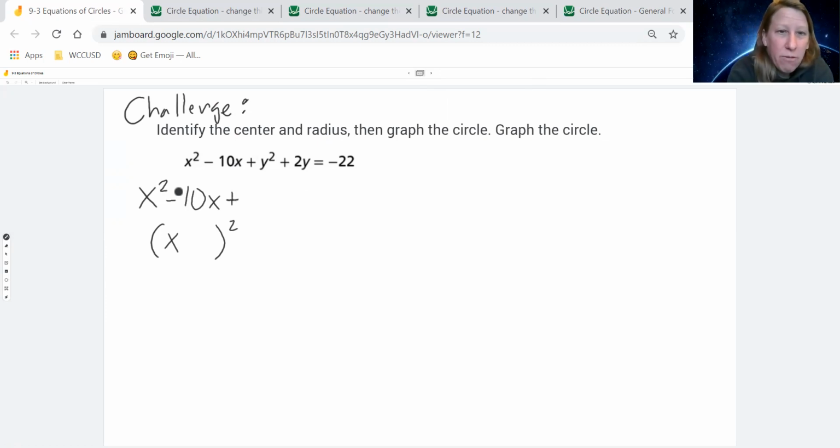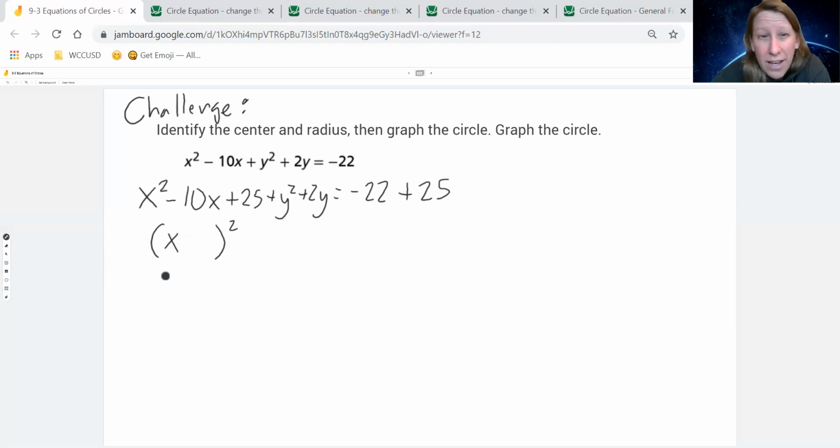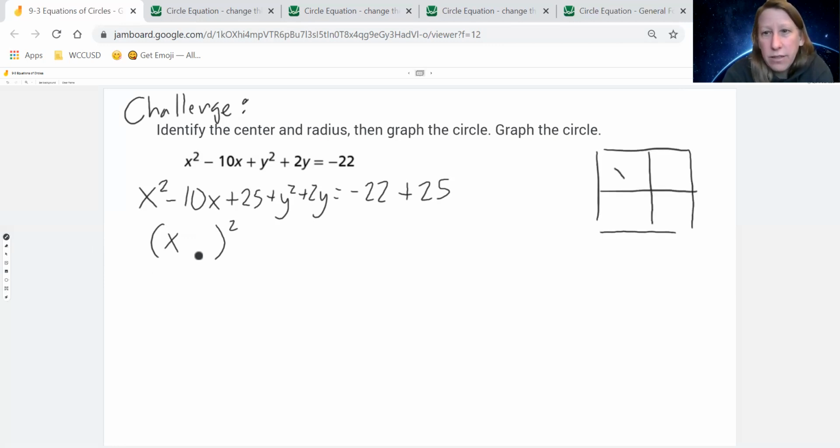Okay, I'm going to randomly add 25 right in the middle of this problem. I'm going to do it on both sides. Why would I randomly add a 25 in here? Because I have an x squared and I have a negative 10x, which I want to split evenly between these two boxes.